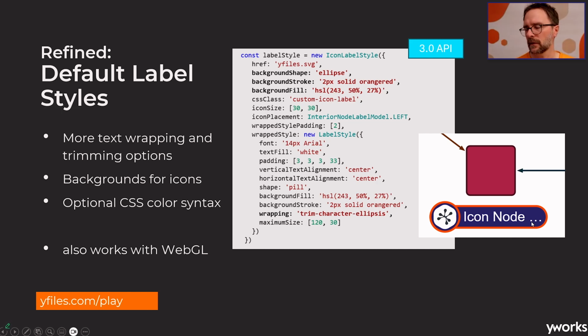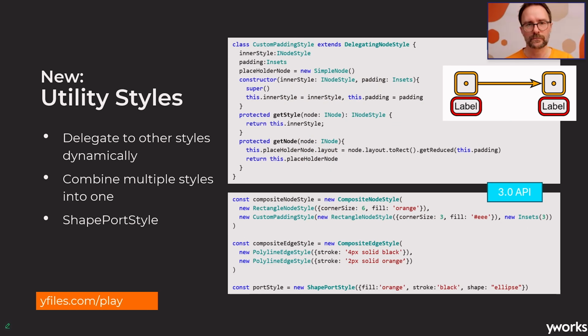So if your text gets too long, you can now configure whether you want it to be trimmed on a character boundary or a word boundary, or simply clipped at the end, or whether you want wrapping at character or word boundary, or not at all, etc. And all these settings, the new shapes and the wrapping also work with the WebGL version. So you can now just switch between the two versions and get basically the same visualizations for the default styles.